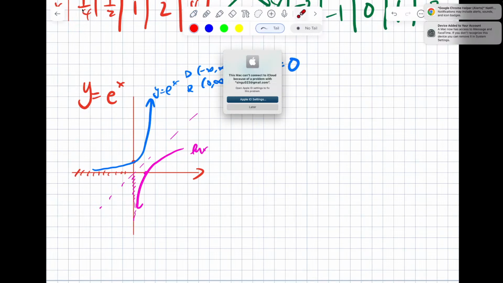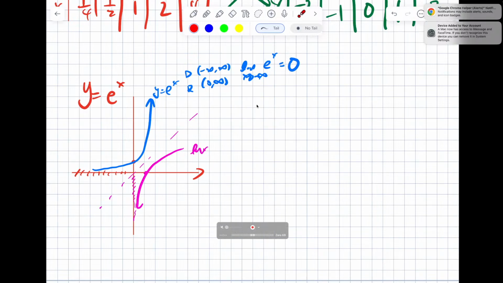Because limit as x approaches negative infinity, it's going to become 0. When x approaches negative infinity, it's going to plateau at 0.